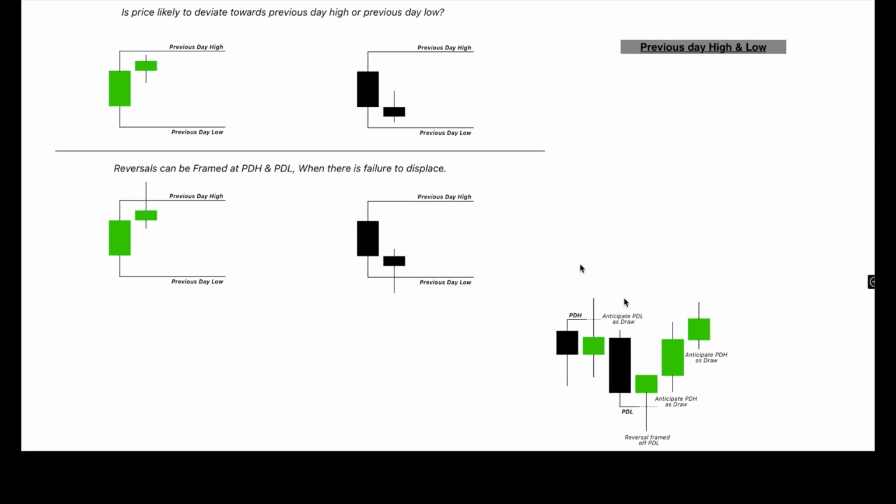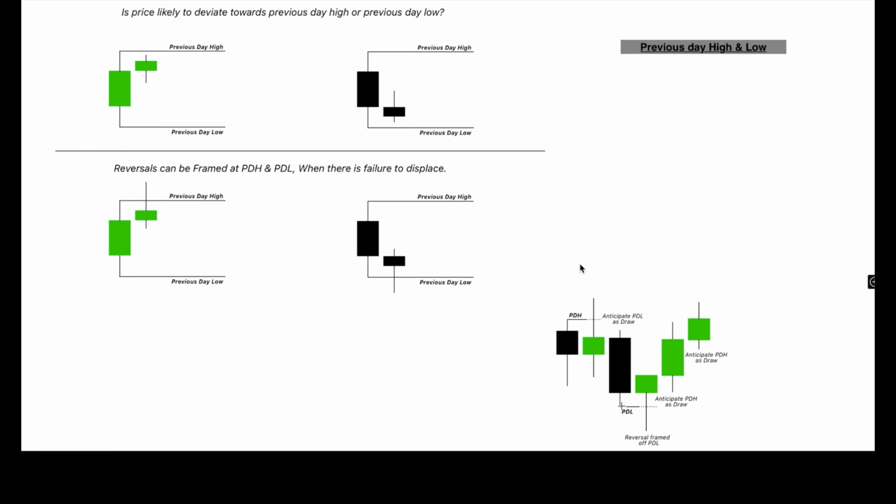And in the third example, piecing it all together, we have this candle's range, then we have this candle sweeping the previous candle's high and closing below it, which we can anticipate a reversal to target this candle's low and possibly this candle's low, which we have.